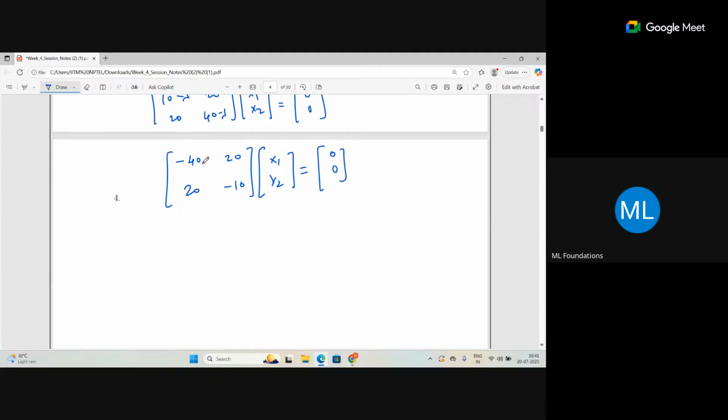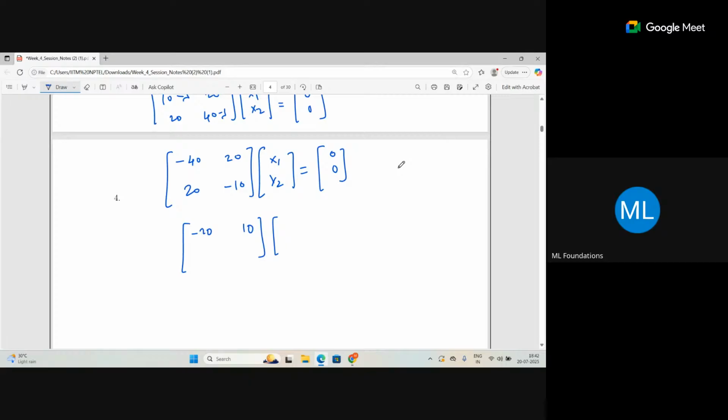First of all, let's say I divide by 40, or in this case I'll divide by only 2. Then I'll get minus 20 here and plus 10 here, correct?